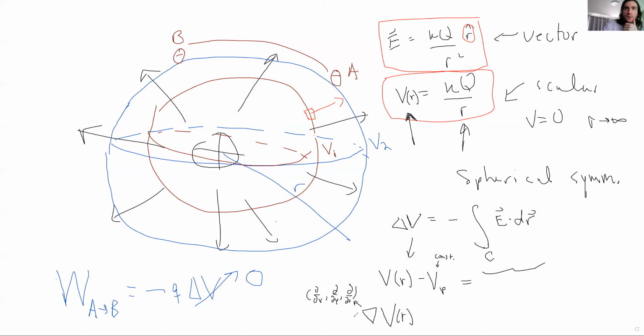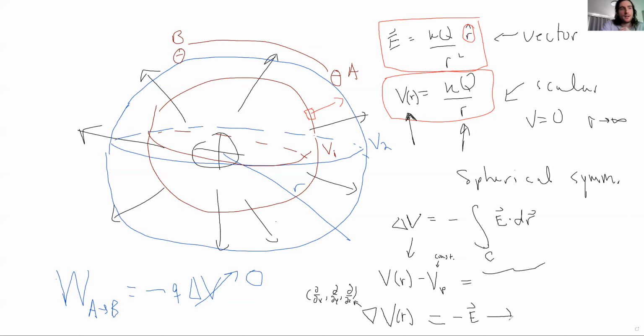I didn't mention it before because it's pretty complicated looking, but if your function only depends on r, then the gradient is simply a derivative with respect to r. What does this equal? Well, the gradient of the potential will be equal to minus the electric field.